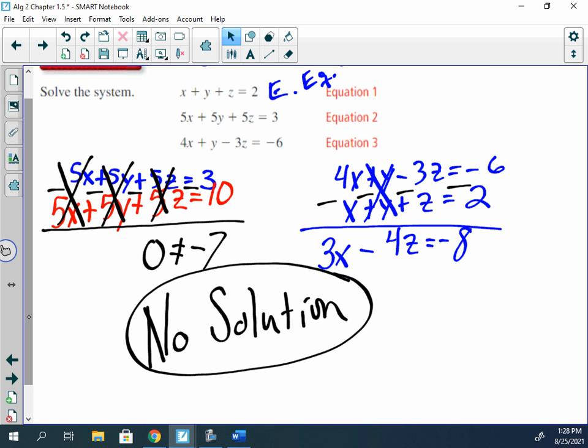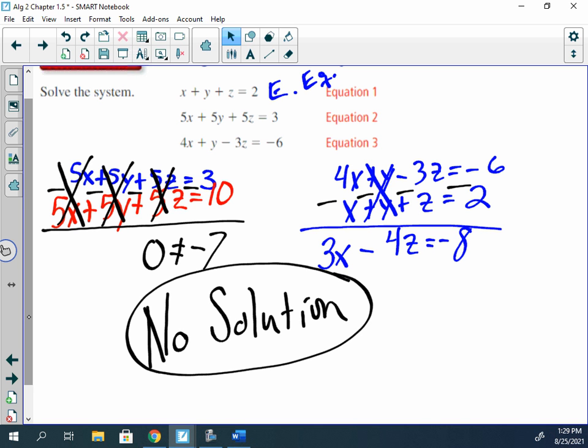Because what that's telling us is that these two equations, x plus y plus z is equal to 2, and 5x plus 5y plus 5z is equal to 3, are parallel planes. They're parallel to each other. So there's no point that either two of these planes will cross. Now the other one, 4x plus y minus 3z is equal to negative 6, will cross both of them.